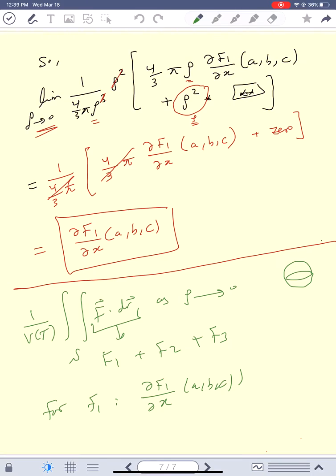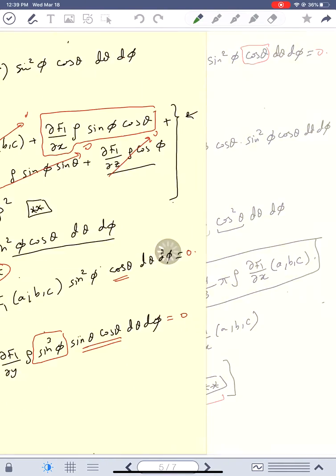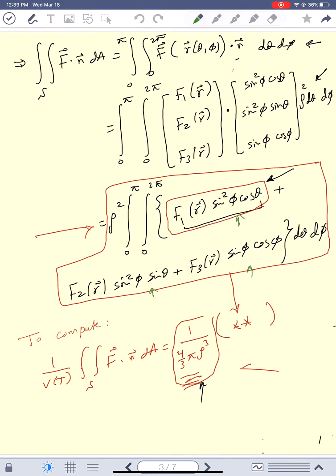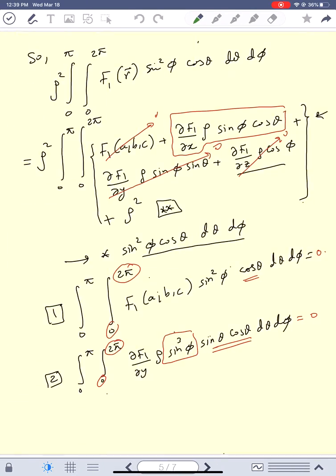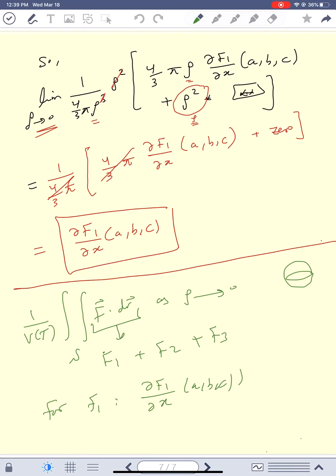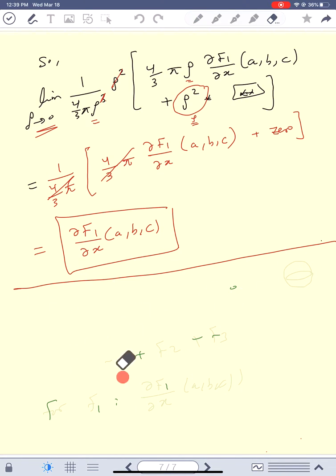If we do the same computations for f2, and this is taking too much time, you will get the derivative of f2 with respect to y. If you do the same computations for f3, you will find the derivative with respect to z. So what is the summary?